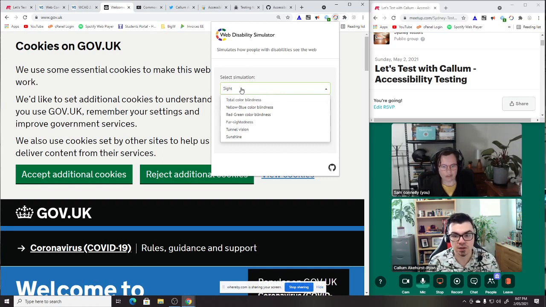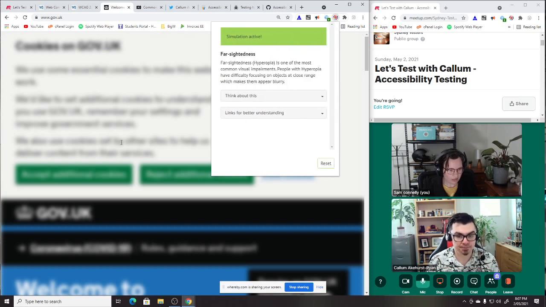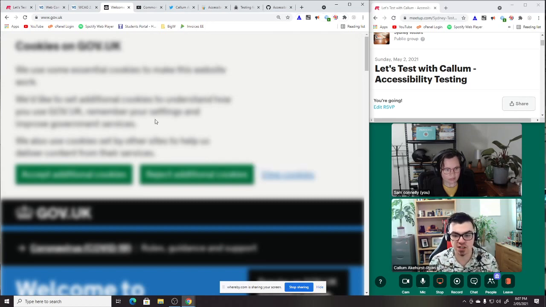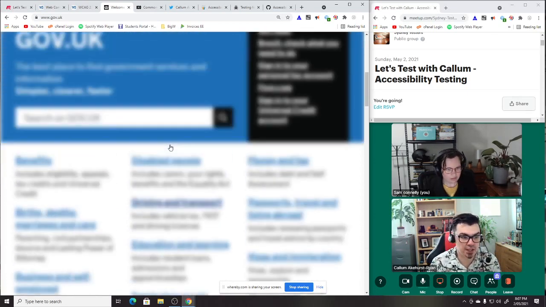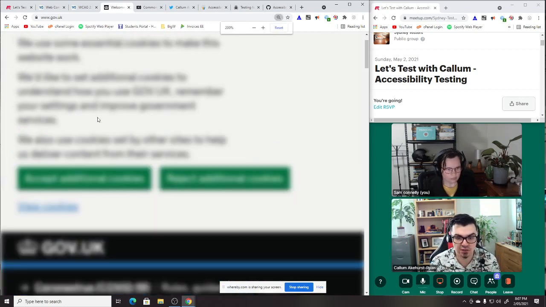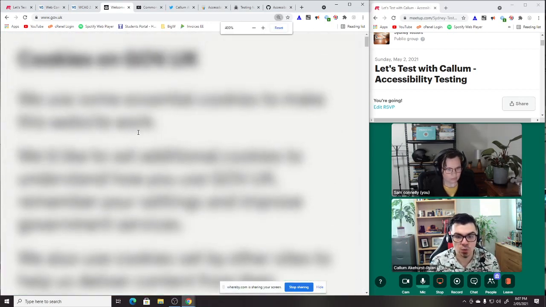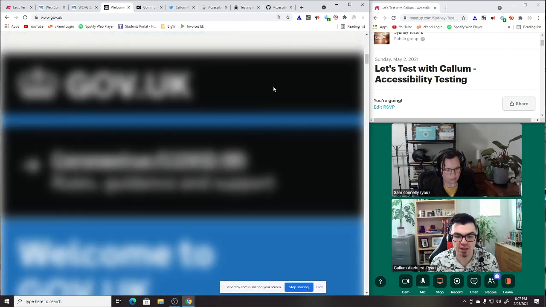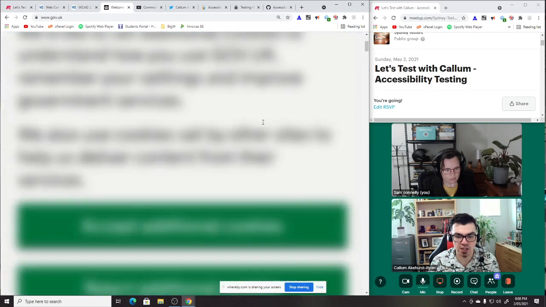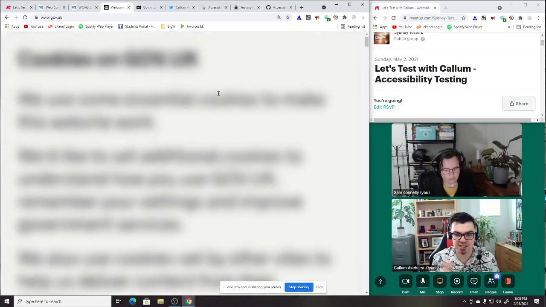We do have the other types of color blindness there, and far-sightedness. So this is about whether or not your font at certain sizes is going to be too blurry. Well, we can see the welcome to gov.uk. That's right. So if we now use the zoom on our browser to increase the size of everything massively, you can see here that the word spacing and the font typography isn't actually of a high enough contrast or size or just distinctiveness to allow me to make out what those words are.